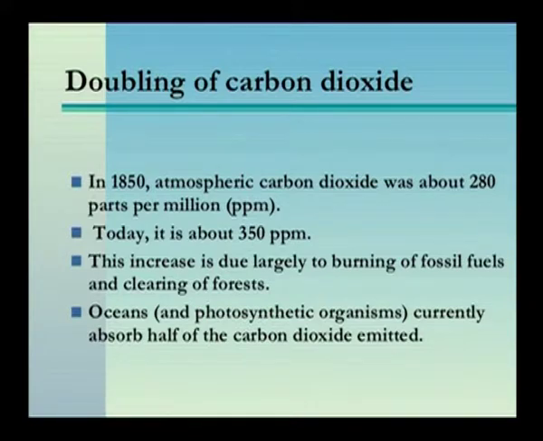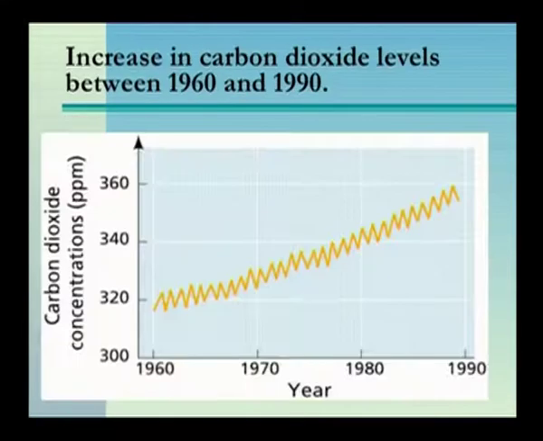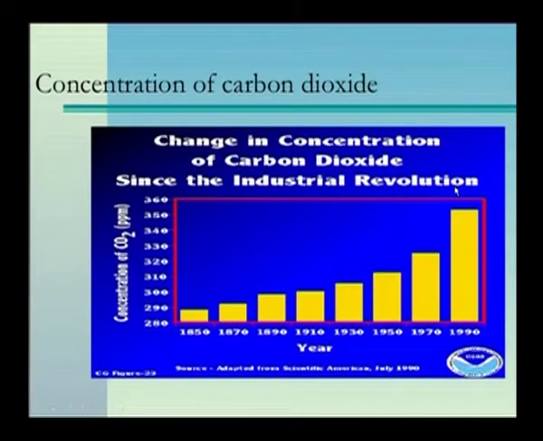Oceans and also photosynthetic organisms in the oceans currently absorb half of the carbon dioxide that is emitted. You can see there has been a steady increase in carbon dioxide levels from 1960 to 1990. From 320 it has reached 360 ppm.